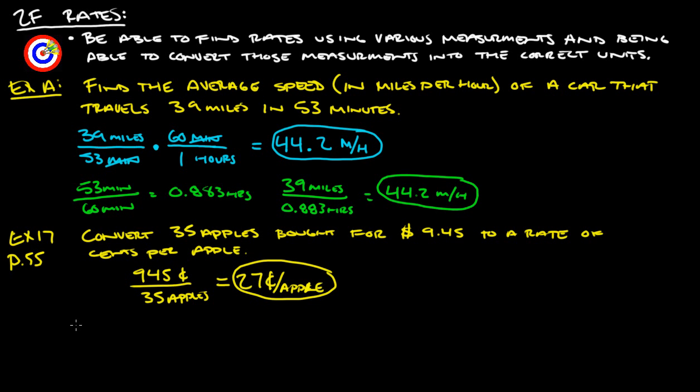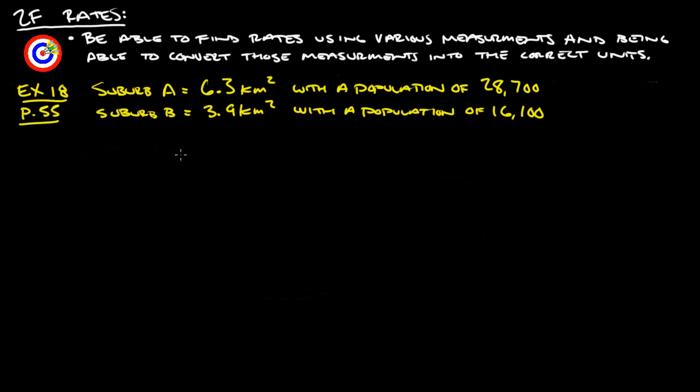Let's take a look at example 18 from page 55. The example states that suburb A covers 6.3 square kilometers and has a population of 28,700 people, while suburb B covers 3.9 square kilometers and has a population of 16,100 people.